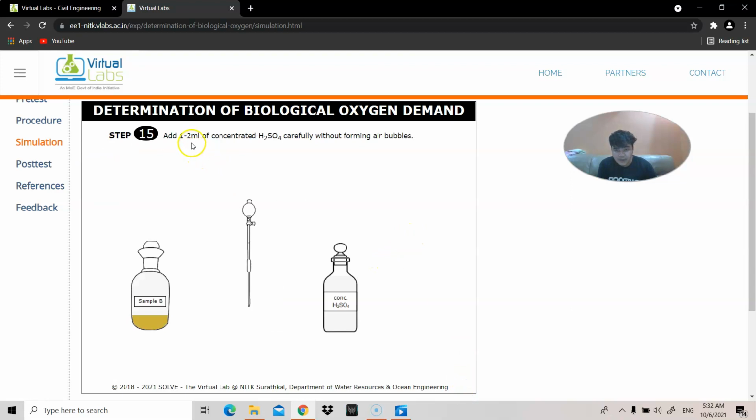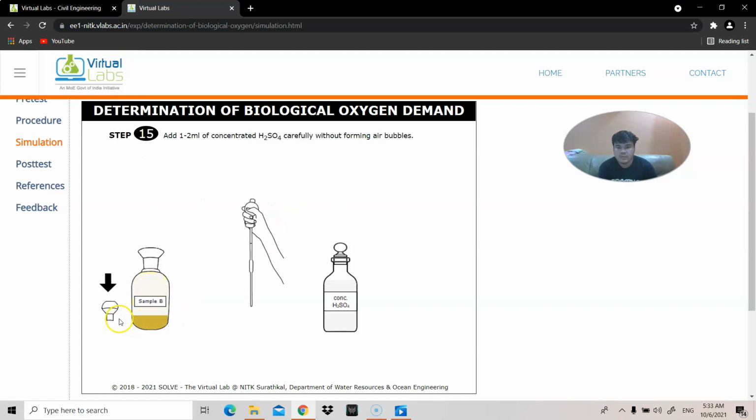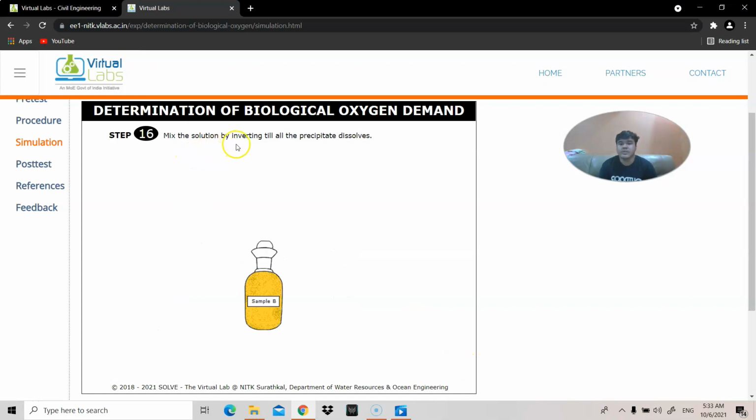Next, step 15. Add 1 to 2 ml of concentrated H2SO4 carefully without forming air bubbles. Step 16. Mix the solution by inverting till all the precipitate dissolves.